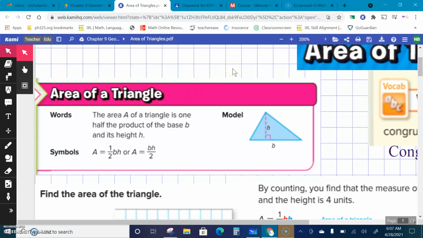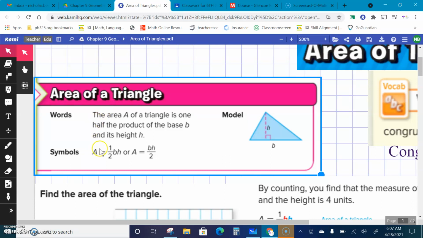So you found out from the last lesson on area of a parallelogram that the area of a parallelogram was capital A for area equals base times height. Now what we're adding in is another piece of geometry.